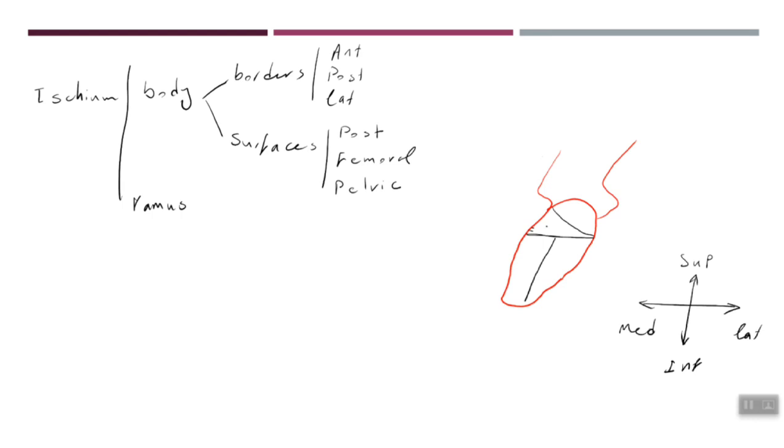Okay, finally you can find four areas on the ischial tuberosity. The lower medial part is a subcutaneous part. It means that nothing is attached to this part. Subcutaneous area.